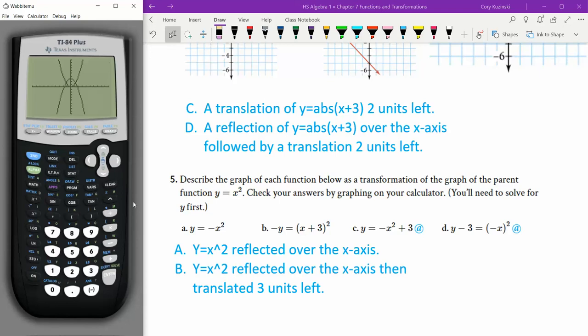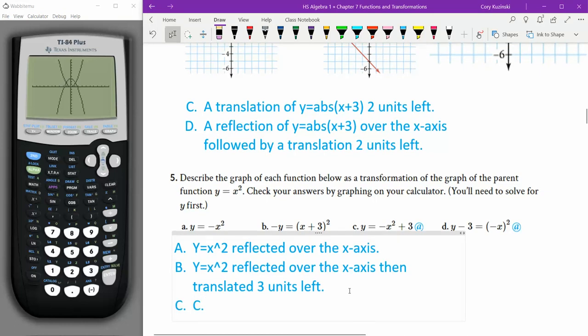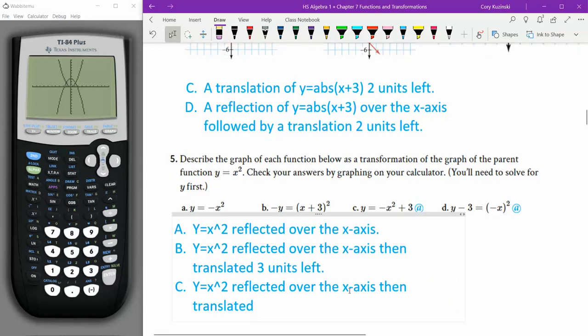So I think it's a reflection over the x-axis and then translated 3 units up. So y equals x squared reflected over the x-axis, then translated 3 units up. Probably other ways I could discuss that, but for sake of lack of confusion, I won't go into it too much more.